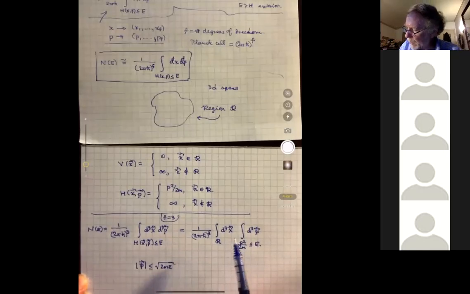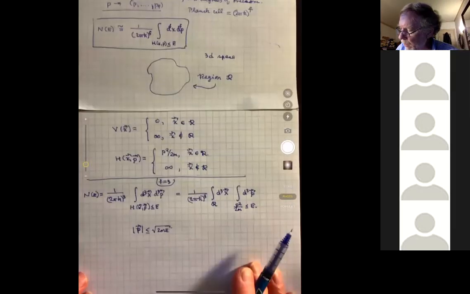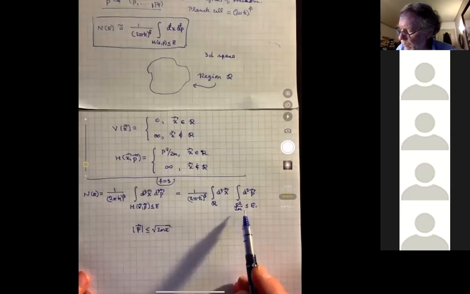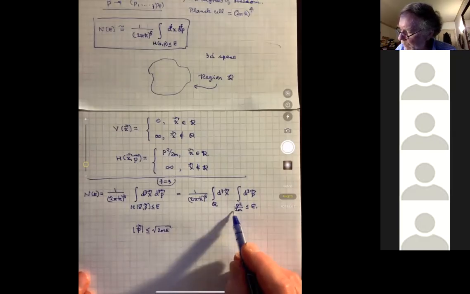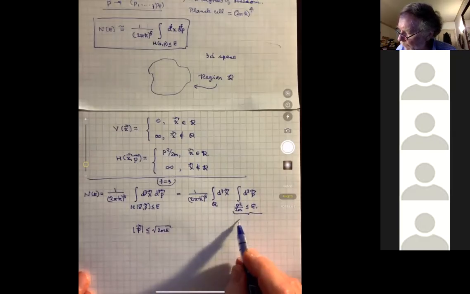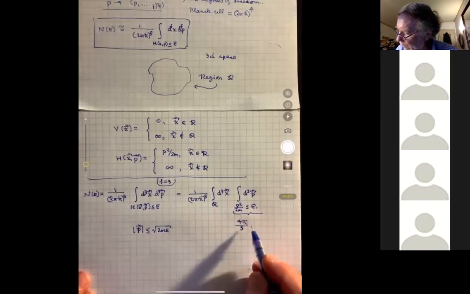So what we've got is an integral where the x part only runs over the box, and the momentum part runs over what you can see as a sphere in momentum space whose radius is given by this quantity here, the magnitude of p. So the momentum integral is easy to do. It's the volume of a sphere, 4 pi over 3, and this is the radius.